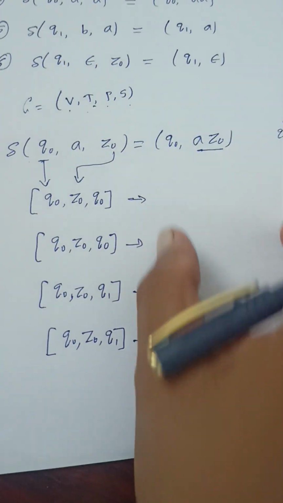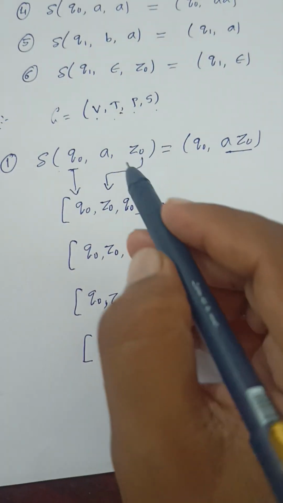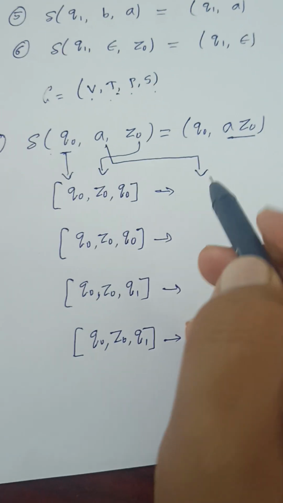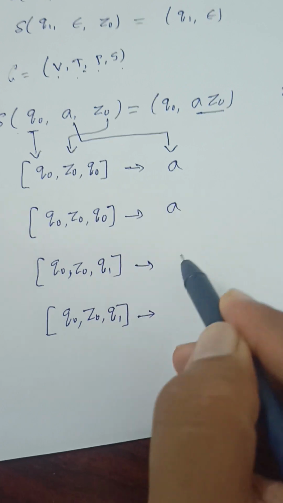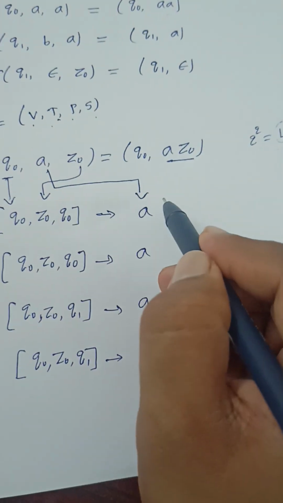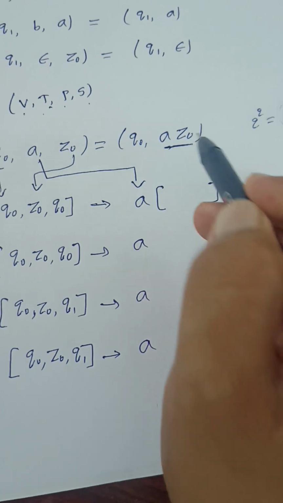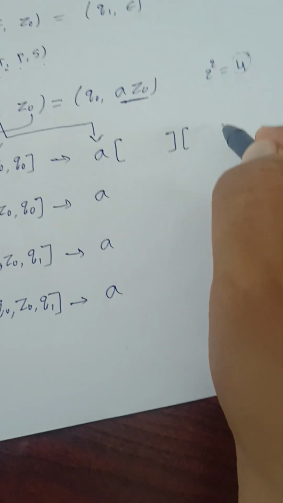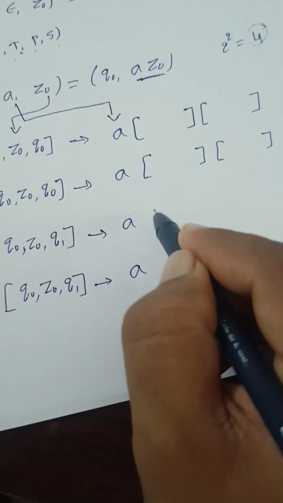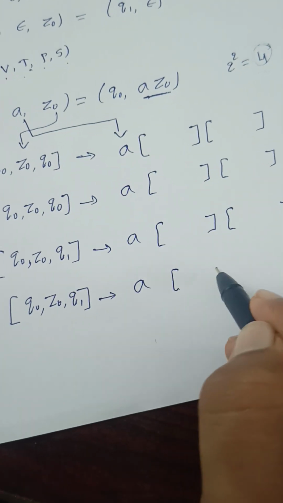Now our aim is the right hand side. How will we write the right hand side? Please observe. Whatever the middle field is, simply write here a. Now on the right hand side, a z naught is there, so in each and every production rule we will write 2 square brackets.